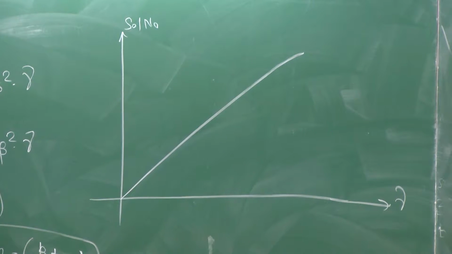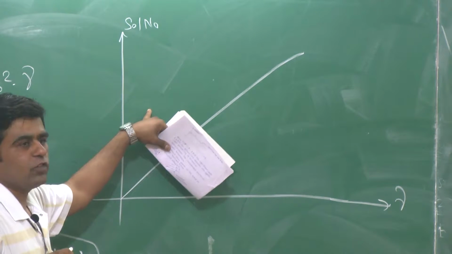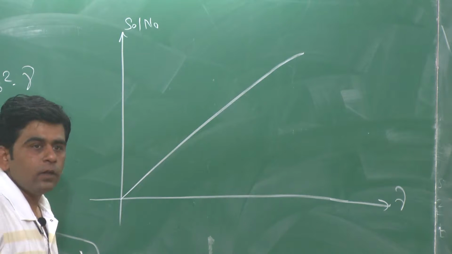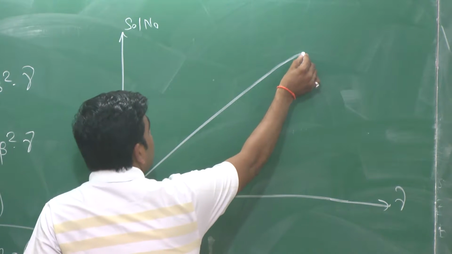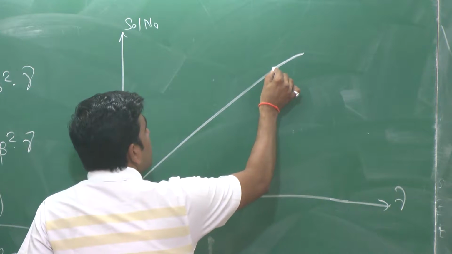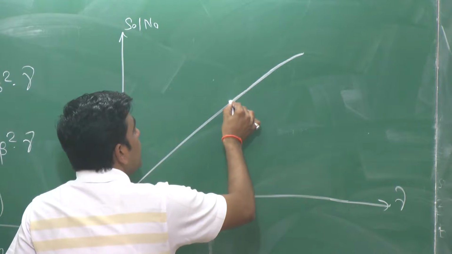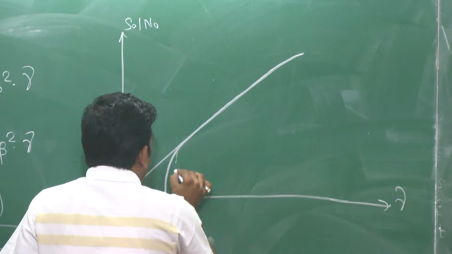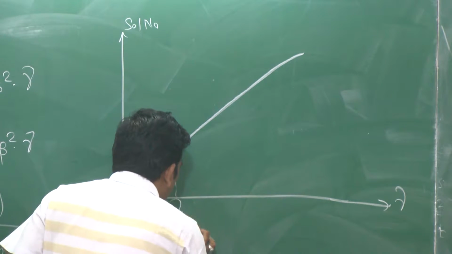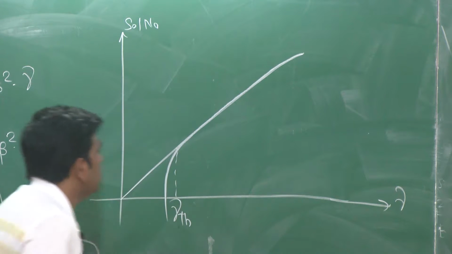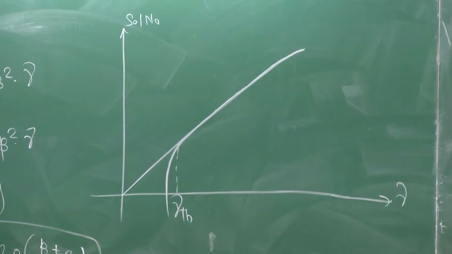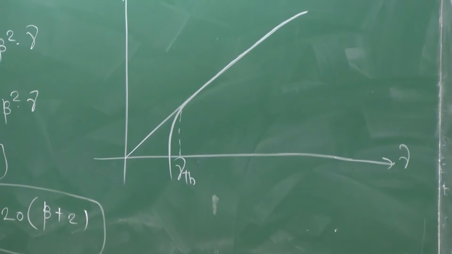Depending on this slope value, we get the output signal to noise ratio. The envelope detector gives a linear relationship above the threshold point.